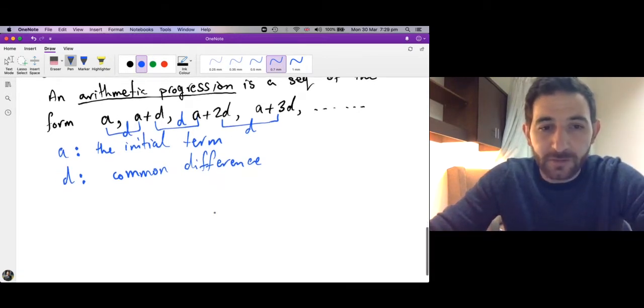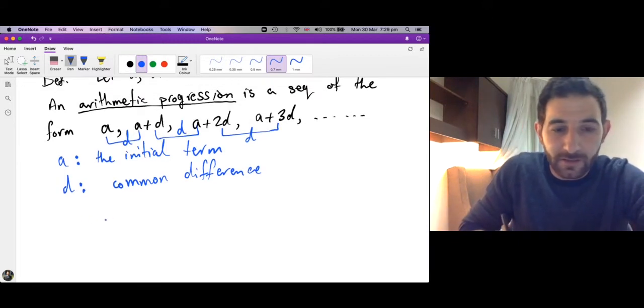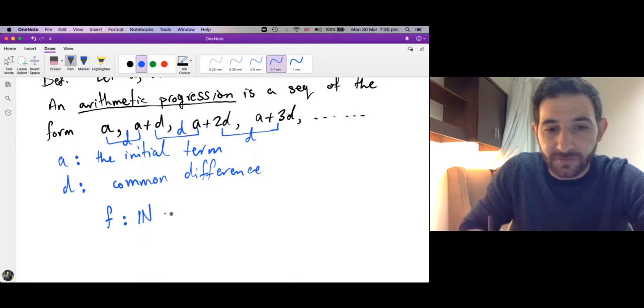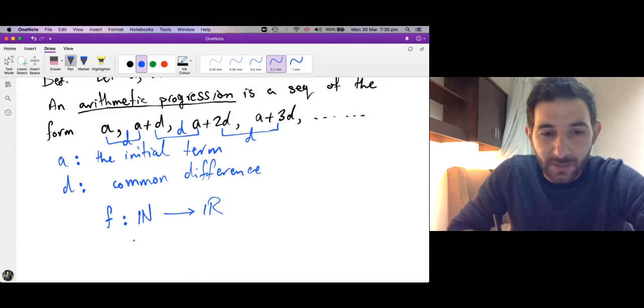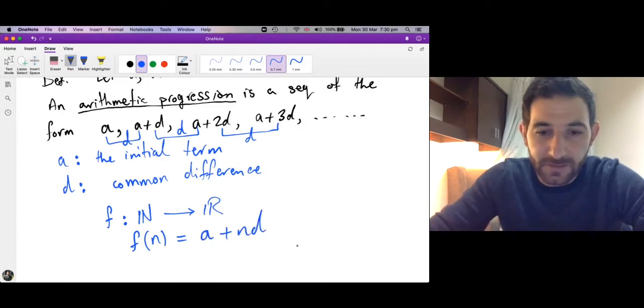So if I want to see this sequence as a function, look at the function f from the natural numbers, starting from 0, to the real numbers, the codomain, where f of n is equal to a plus nd. You see this?